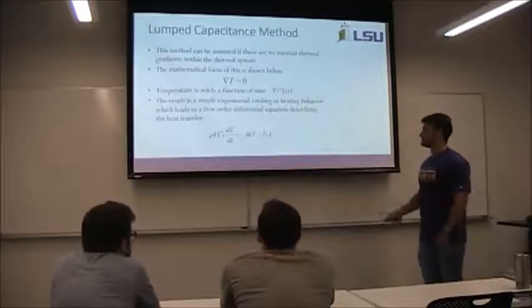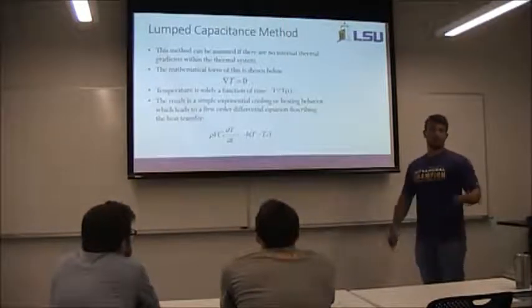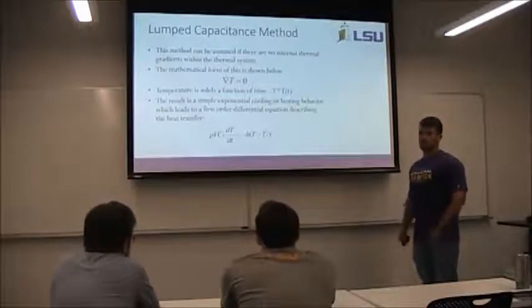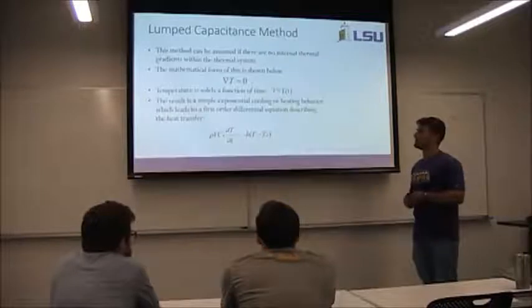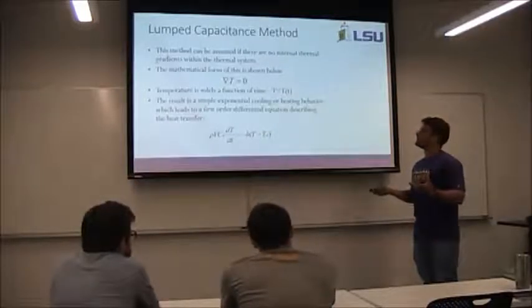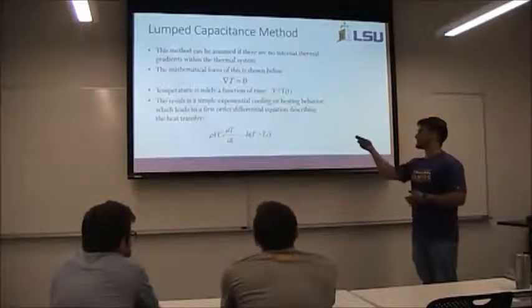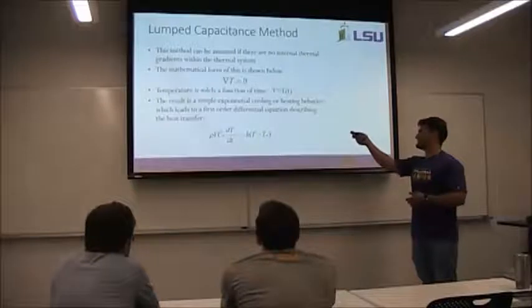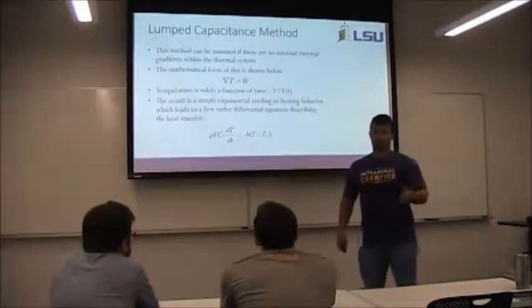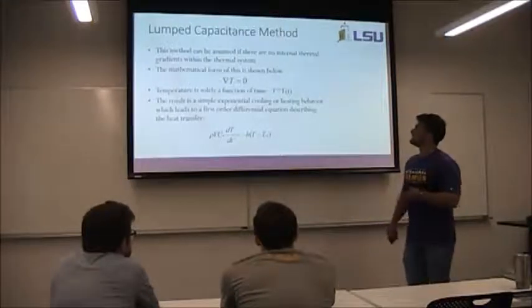Lump capacitance method, like everyone else discussed: you're assuming that your temperature is uniform, so there are no internal gradients, and it's represented by gradient T equals 0. The temperature is solely a function of time for this method.